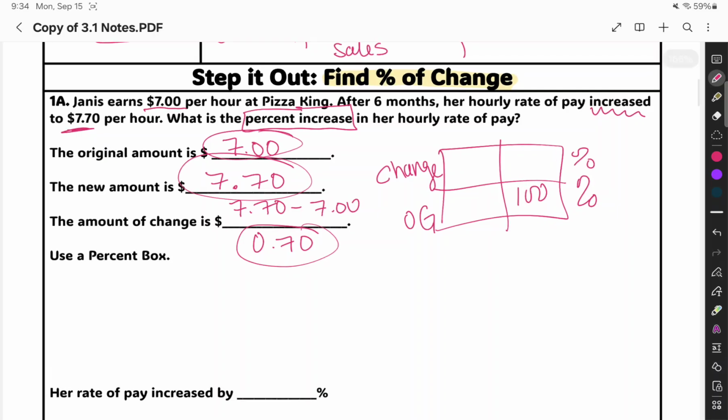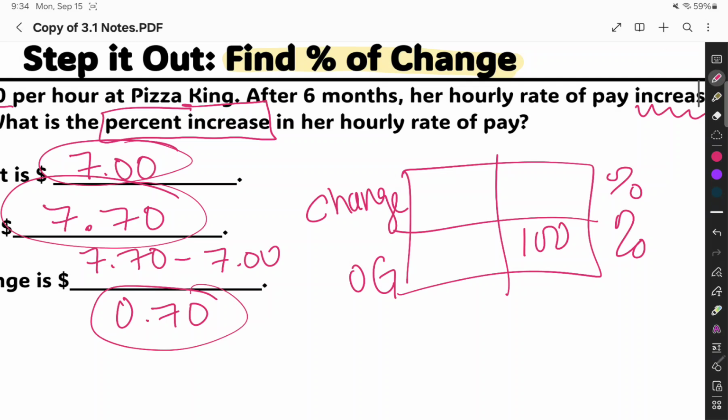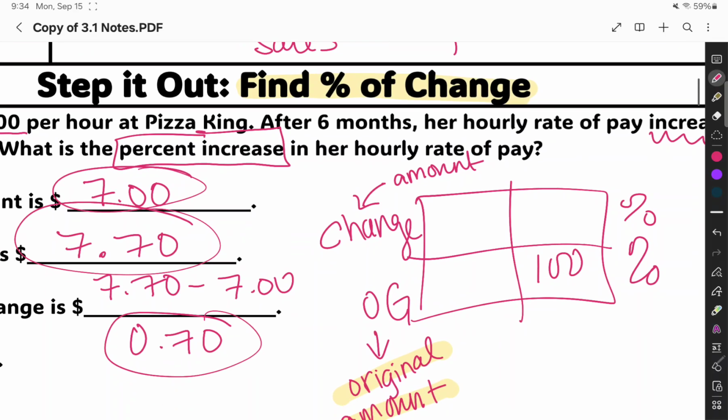I'm going to zoom in here so we can see our box a little bit better. The OG stands for our original amount, and that's always going to go on the bottom. Here is going to be our amount of change, how much change has happened.